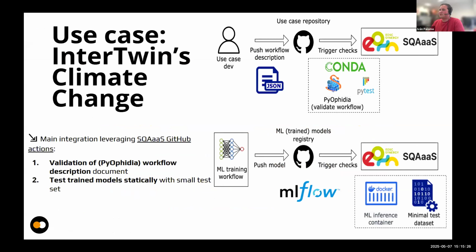So if we have this use case where a developer wants to push this JSON file into the repository, which will be stored to be used in the future, whenever the user pushes this document, it will automatically trigger the SQAS in order to evaluate that file and make sure that it's a good file, that it has all the things that it needs in order to be used.